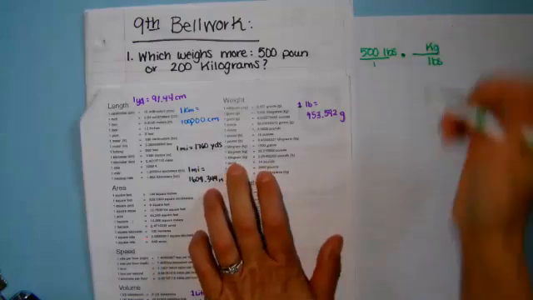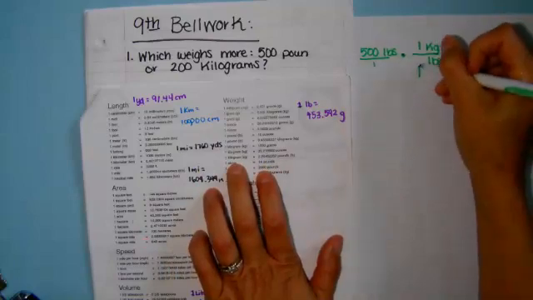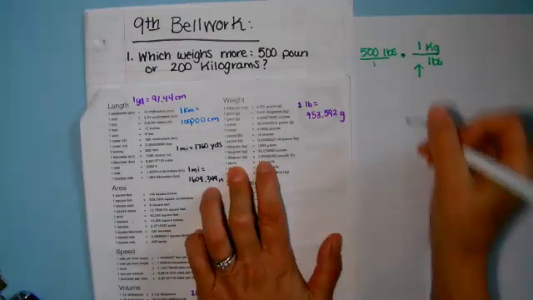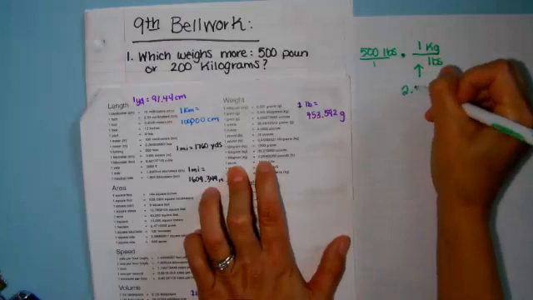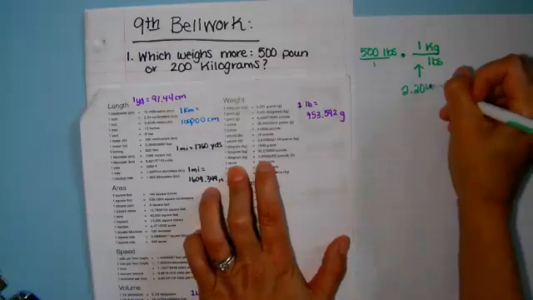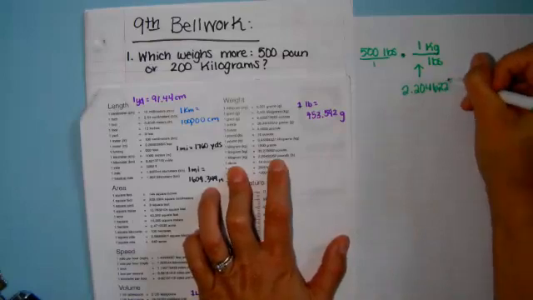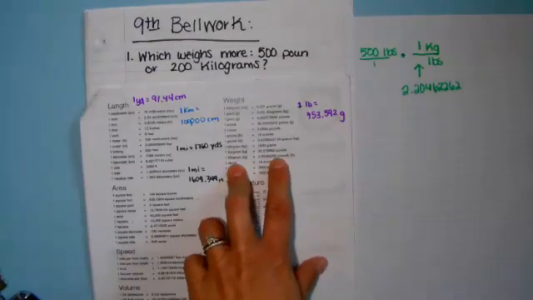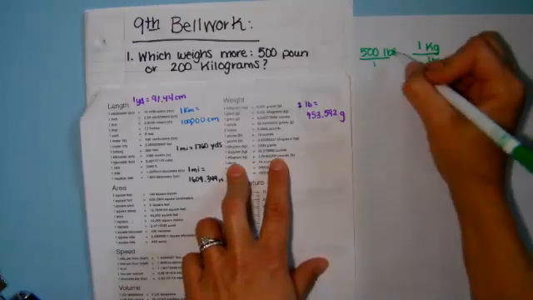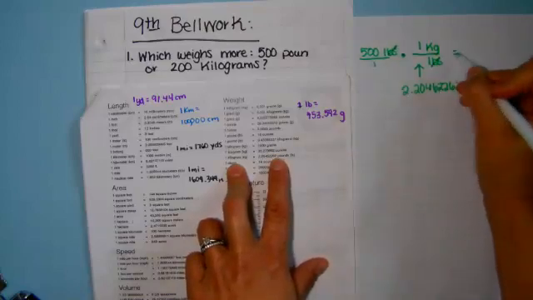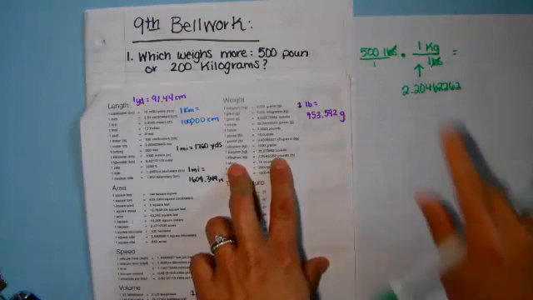So 1 kilogram, and I'm going to write this number down here because it's kind of a big number, is 2.2046226 pounds, right? Okay, so that cancels out pounds.